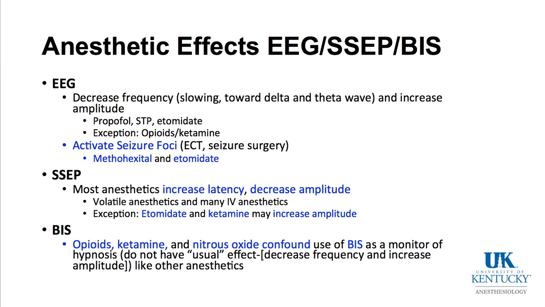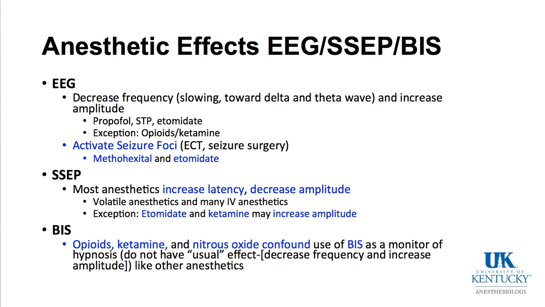The exceptions are etomidate and ketamine because they actually make the amplitude of the SSEP signal go up. So if you're having problems with your SSEP signals, supplementing your anesthetic with low-dose ketamine, you might see a higher amplitude and make it easier for the neurophysiologic monitoring tech or physician to monitor that SSEP.